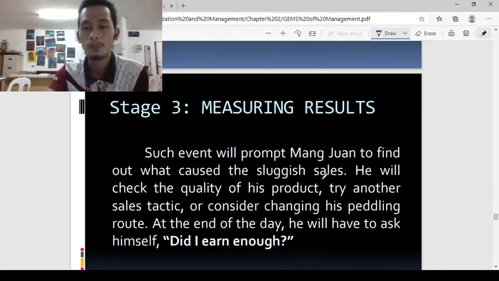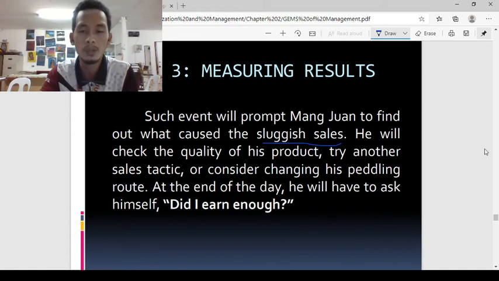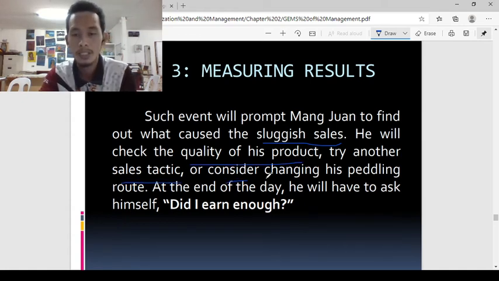Such event will prompt Mang Juan to find out what caused the sluggish sales. This is what I am talking about a while ago. He will check the quality of his product, try another sales tactic, consider changing his peddling route. At the end of the day, he will have to ask himself, did I earn enough?